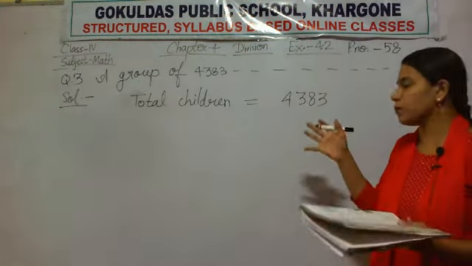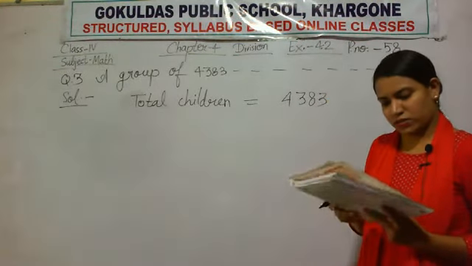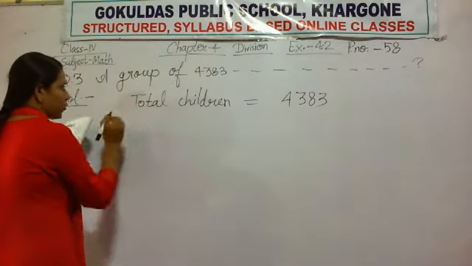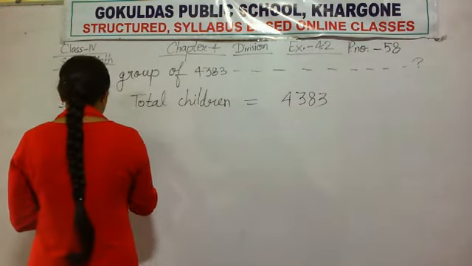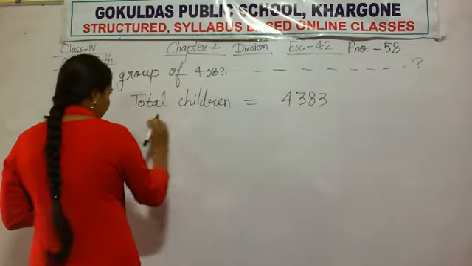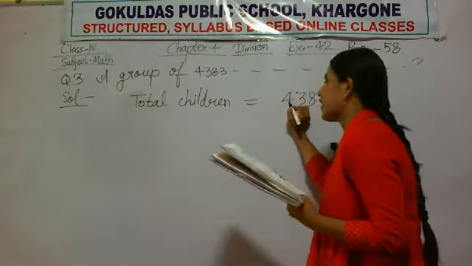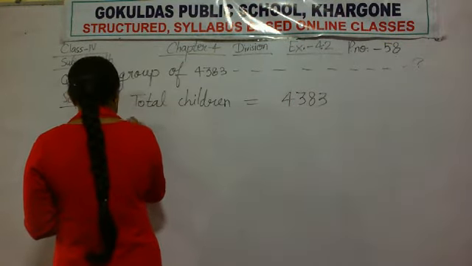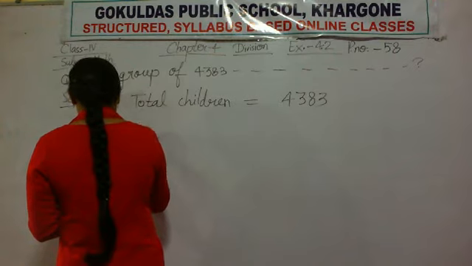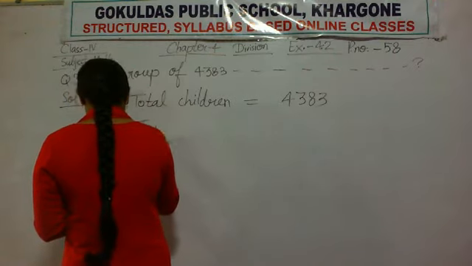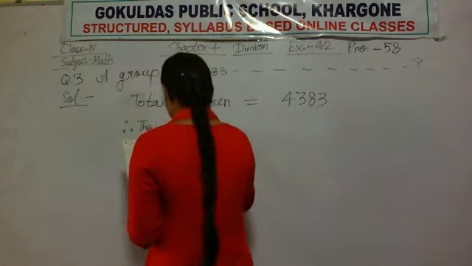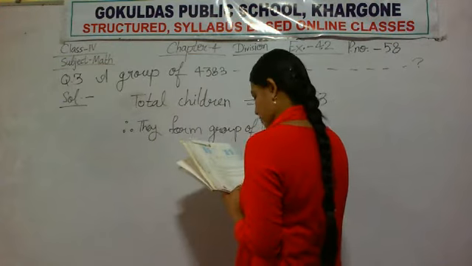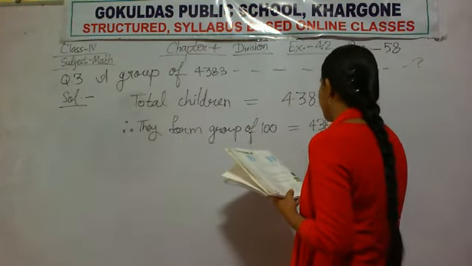Now we want to group these students. We want to make the group of 100. So when we make the group of 100, then we need to divide this number by 100, right? So let us divide it. Therefore they form groups of 100, which is 4383 divided by 100.